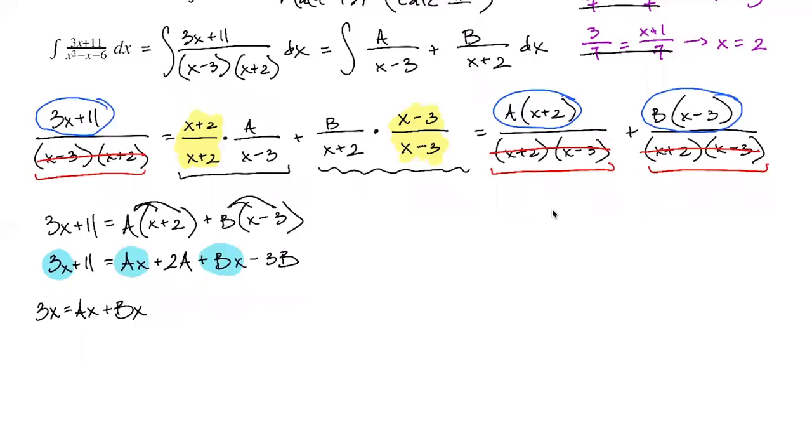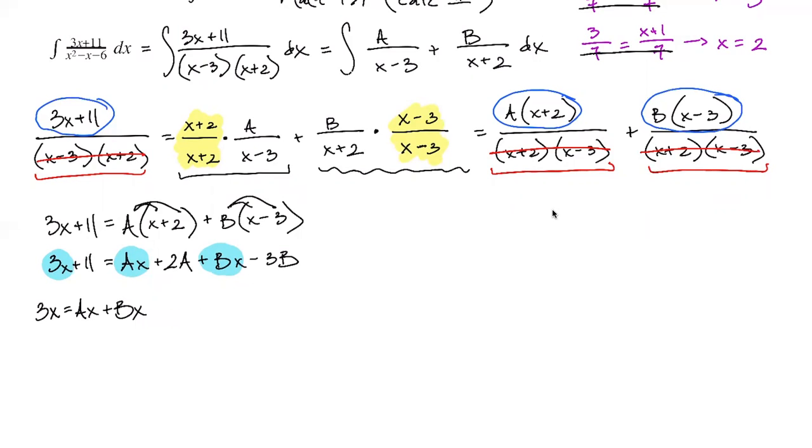What's the greatest common factor for this equation, 3x equals Ax plus Bx? It's the x. So like I've done with the other greatest common factors, I can divide that away.